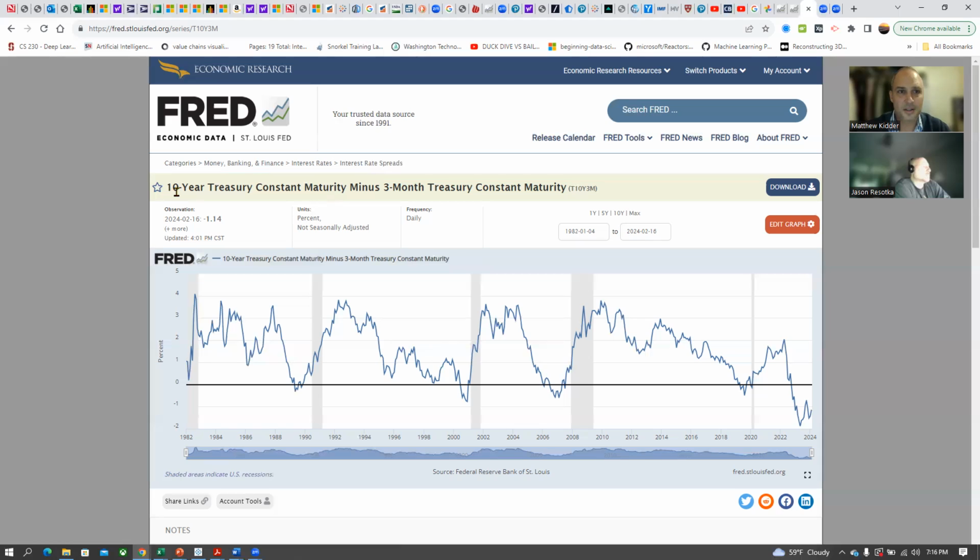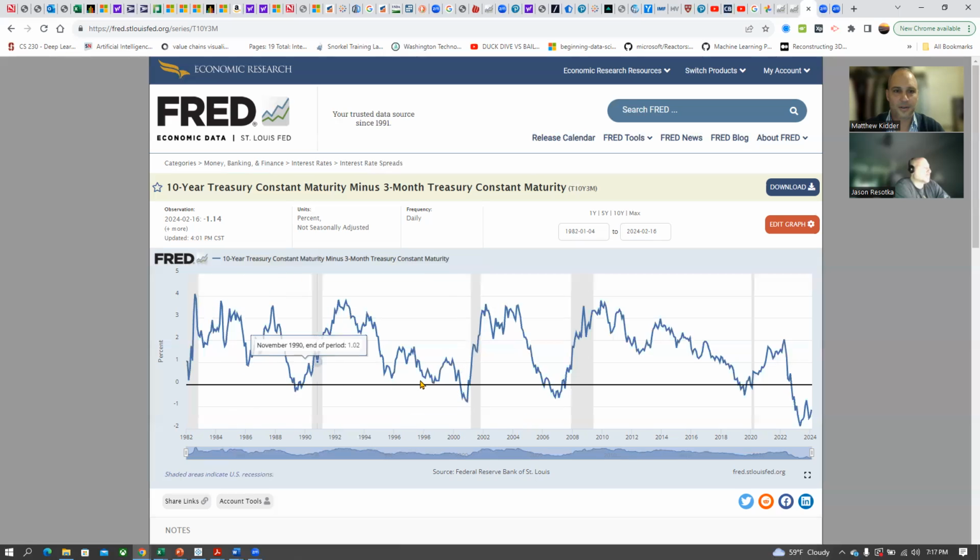This is the 10-year constant maturity minus the 3-month, not 3-year. You'd expect the 10-year to have higher rates than the 3-month. But when the market expects future rate cuts, the 3-month rate becomes bigger than the longer term rate, and you end up with negative values.